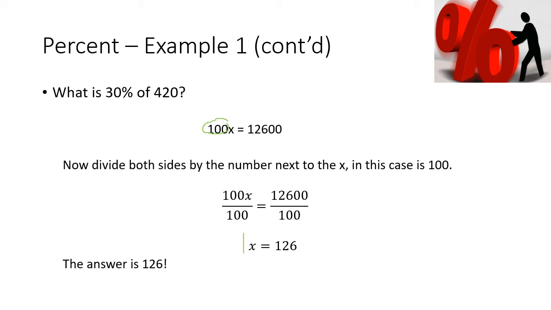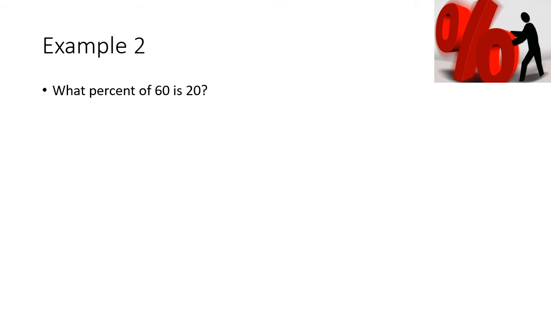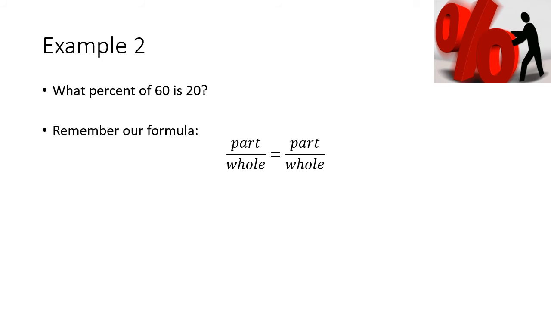Now let's do another one. Okay, so what percent of 60 is 20? So now you're trying to figure out what the percent is. So the percent is unknown, but we do know the whole of the percent. So remember our formula, part over whole equals part over whole.